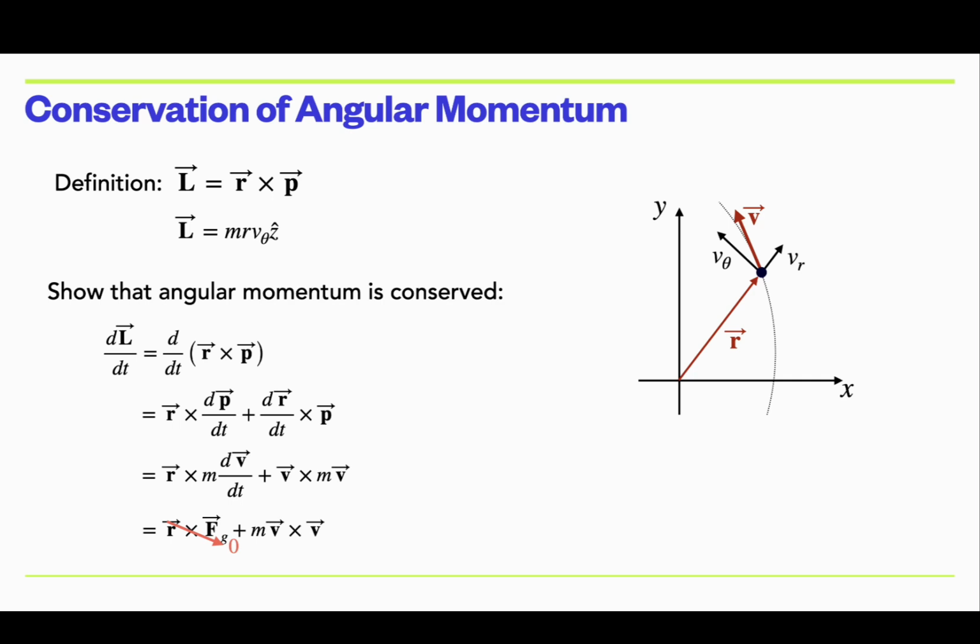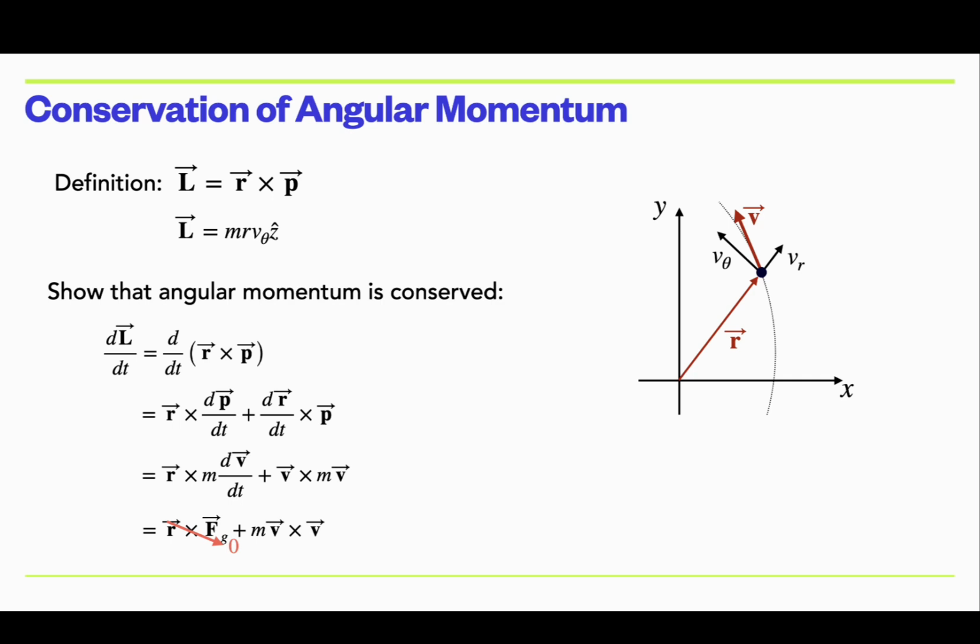So this first term is 0 because the gravitational force is collinear with that displacement vector, right? If this is our vector pointing from, say, the sun out to our planet, the gravitational force is pointing back along that line. Whenever you have the cross product of two collinear objects, the angle is either 0 or 180 degrees.